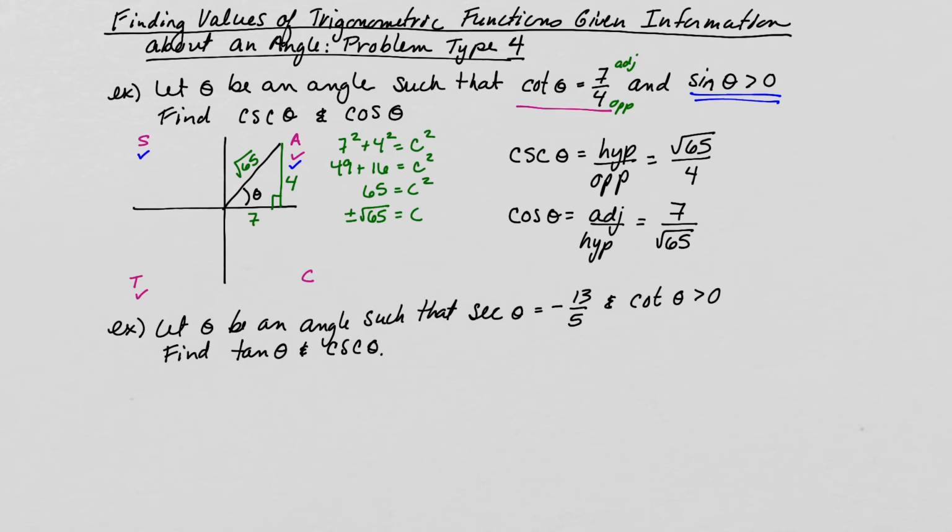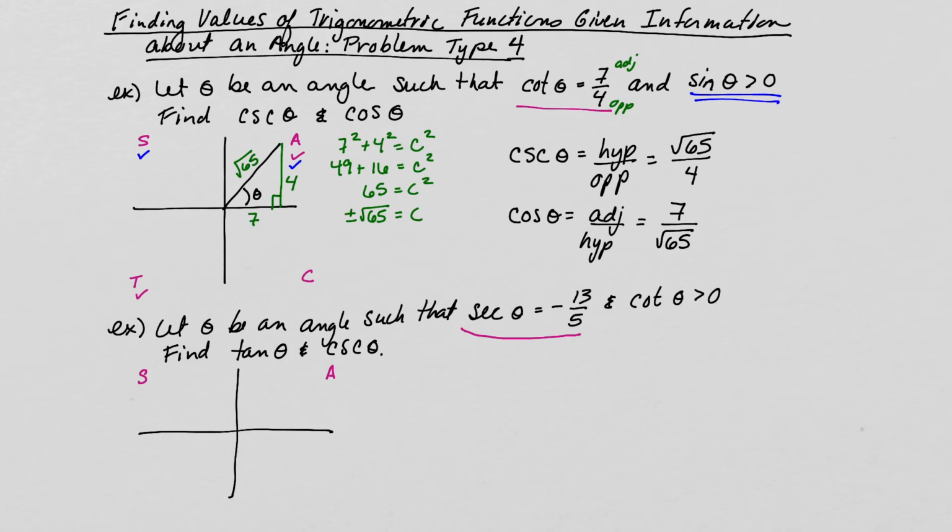So the first thing that we're going to do is draw this xy axis. Again, here we're looking for the secant being negative. So remember, secant is paired with cosine. So we're looking for where the cosine is negative. Everything's positive in the first quadrant, so not there. In the second quadrant, sine is the only thing positive, so sine and cosecant are the only things that are positive here.